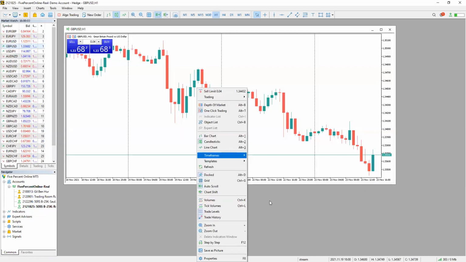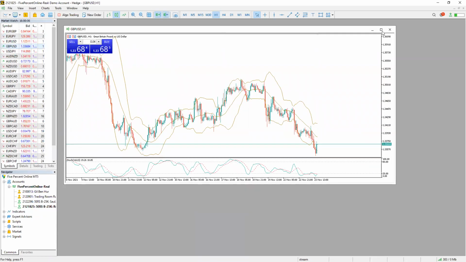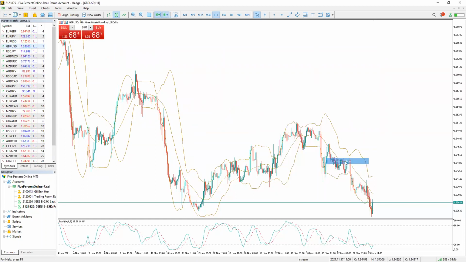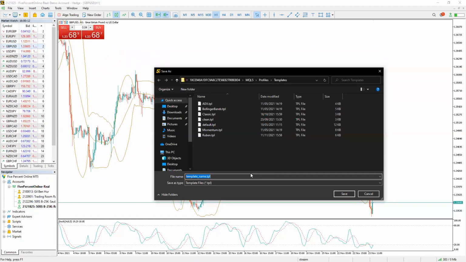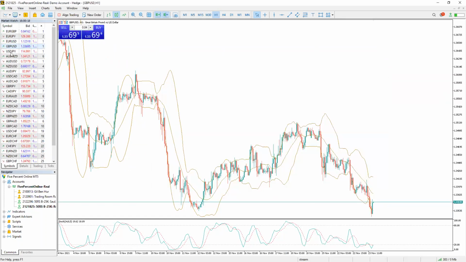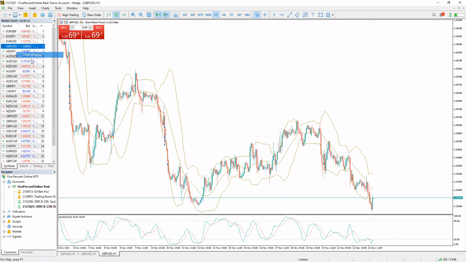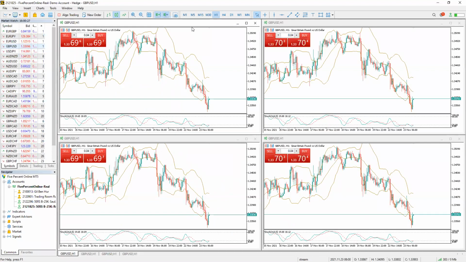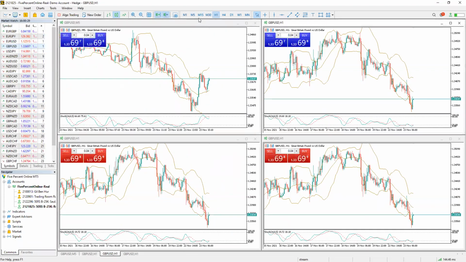I just want to do something before. Save template, save as default. Okay, that's nice.